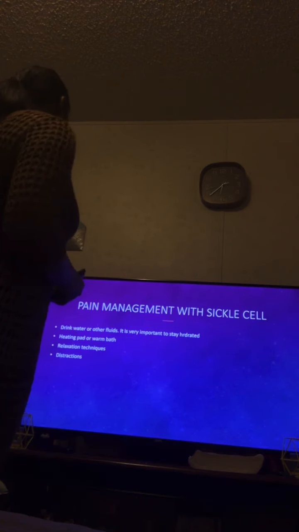So with sickle cell, it's important to stay hydrated. It says heating pad or warm bath for the bone pain, joint pain, relaxation techniques, yoga, and distraction, listening to music or whatever other things that you may like to do. Okay.